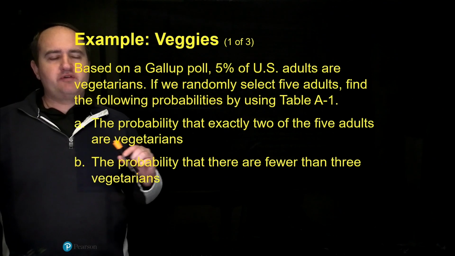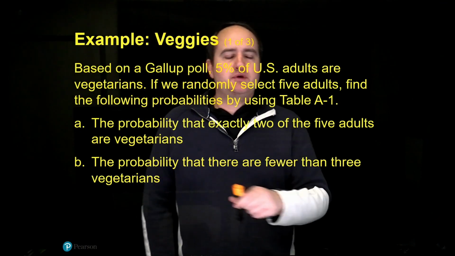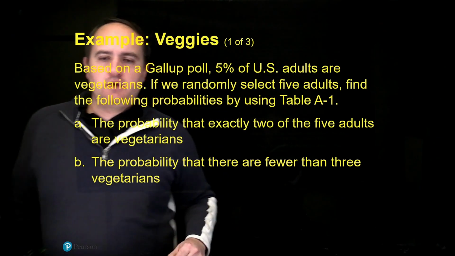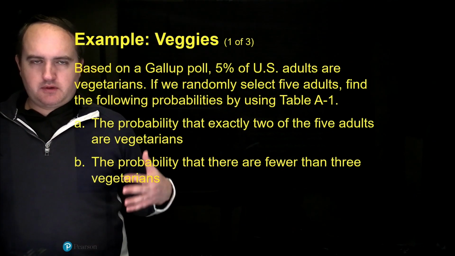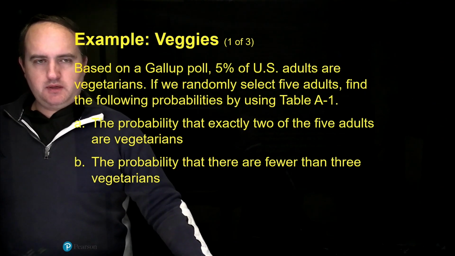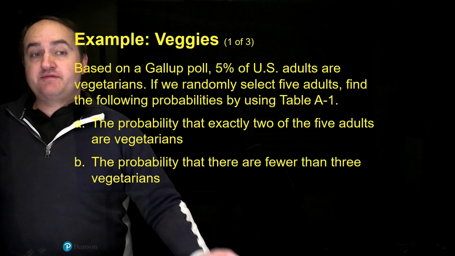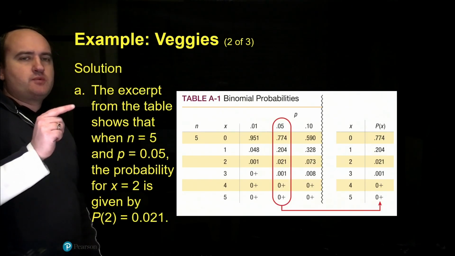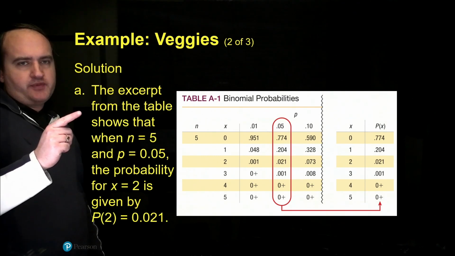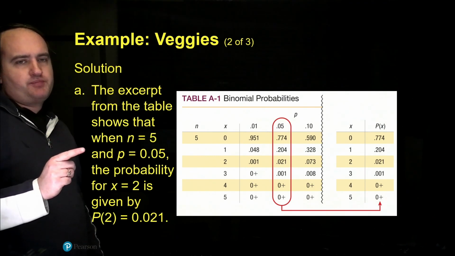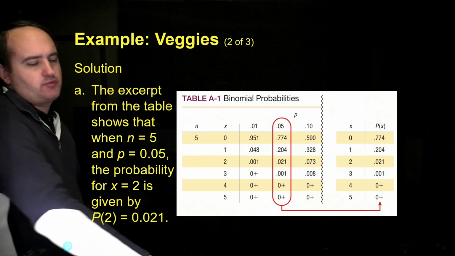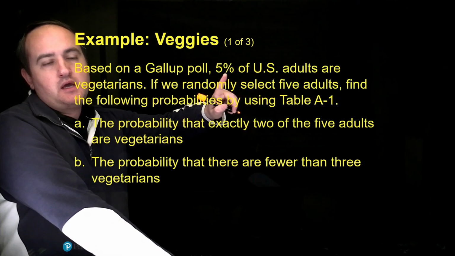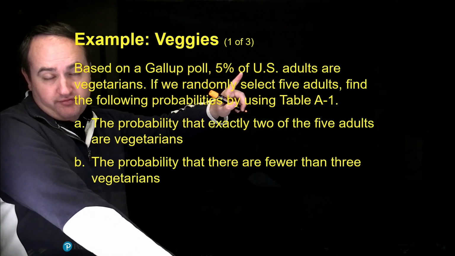Part A, we want to find the probability that exactly 2 of the 5 adults are vegetarians. So this video is getting pretty long, so I'm going to try to speed things up a little bit here. Let's just go ahead and look at what they've done on the slides for us. Looking at part A, for table A1, the excerpt from the table shows that when N equals 5 and P equals 0.05, because we said 5% of US adults are vegetarians, and 5% is the same as 0.05 as a decimal.